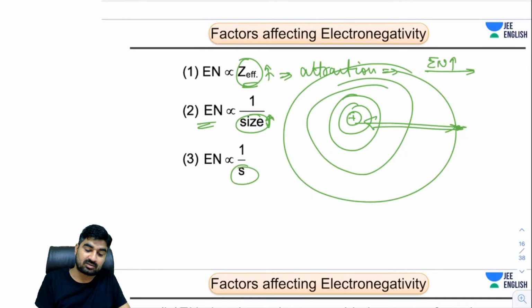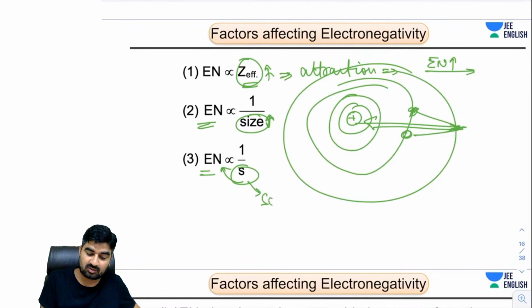Now repulsion, so you can easily understand, as repulsion increases, it will repel electrons, so why will it attract? The more the repulsion, the less the electronegativity, so it is inversely proportional to S. I told you, always consider S as repulsion. It is the screening constant, the screening effect.